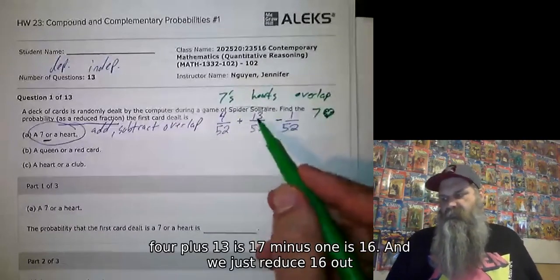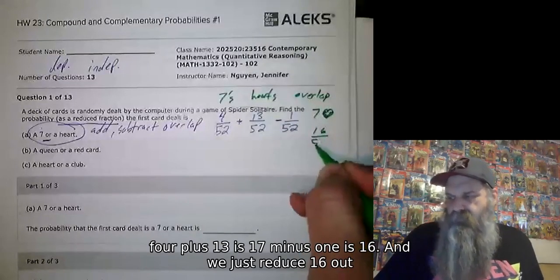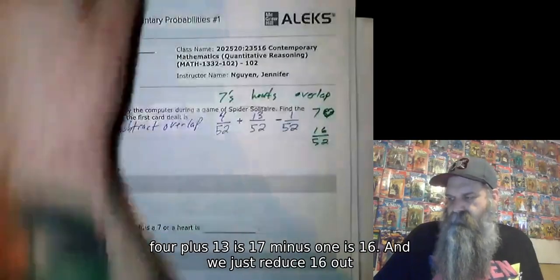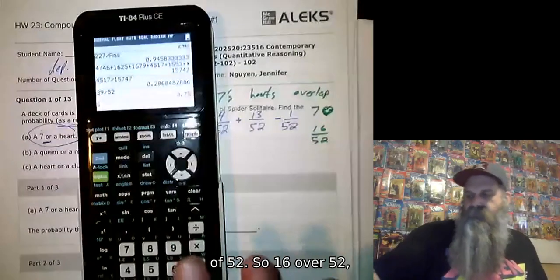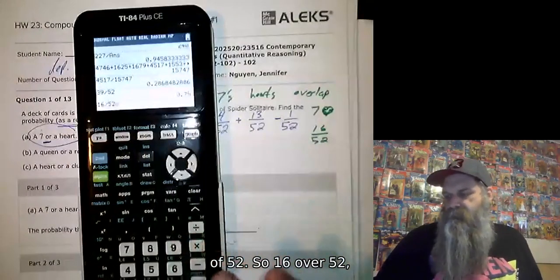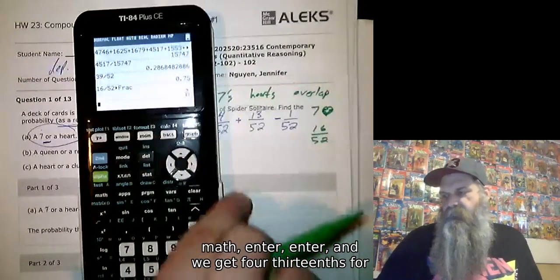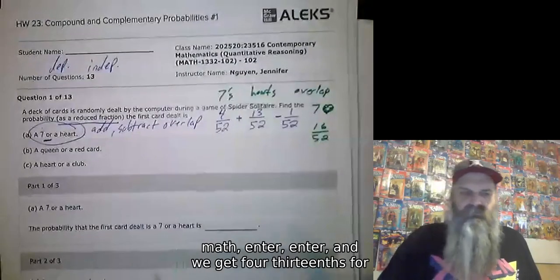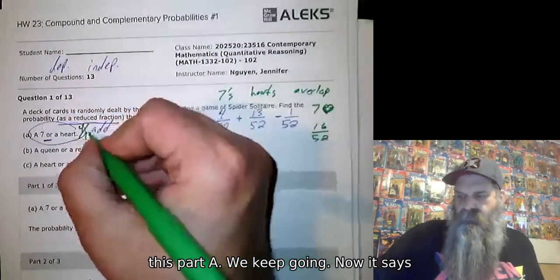And so, 4 plus 13 is 17, minus 1 is 16. And we just reduce 16 out of 52. So 16 over 52, math, enter, enter, and we get 4/13 for this part A.